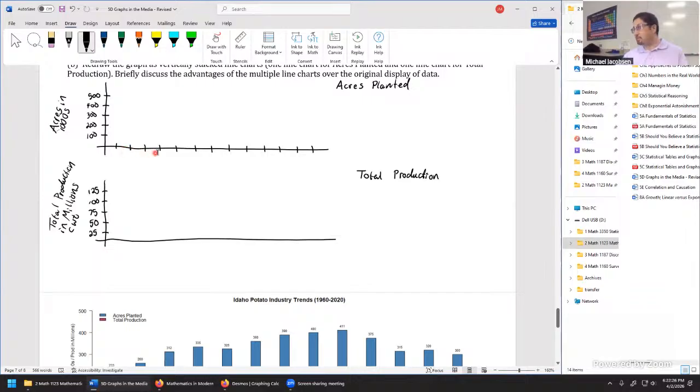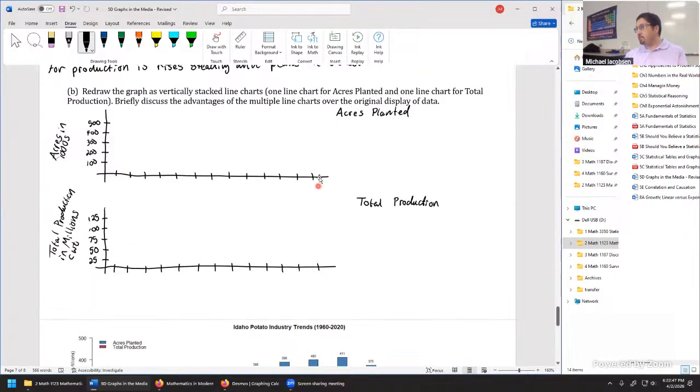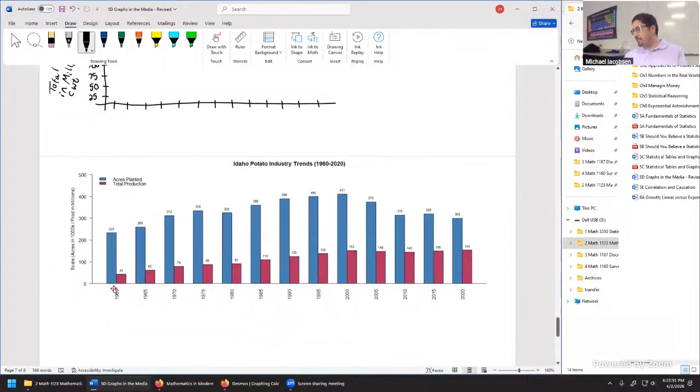Let me double check. 1, 2, 3, 4, 5, 6, 7, 8, 9, 10, 11, 12, 13. Then we'll do our best art we can, put them down again, and try to line them up so that they are vertically under each other. And this is a lot more tedious than I realized.